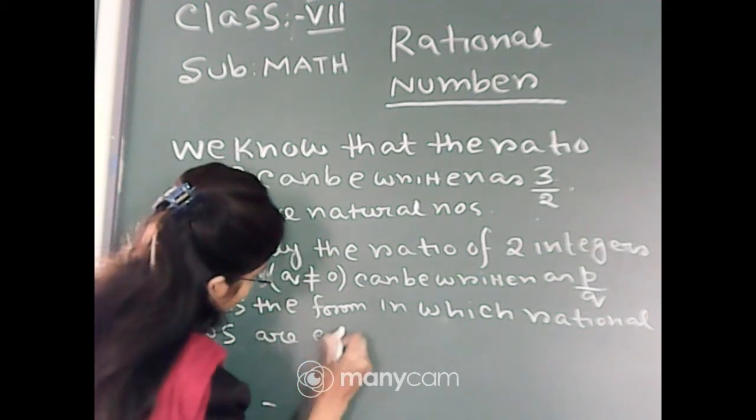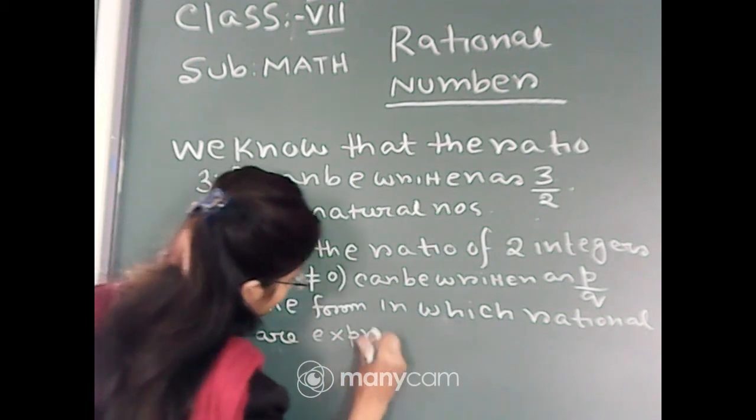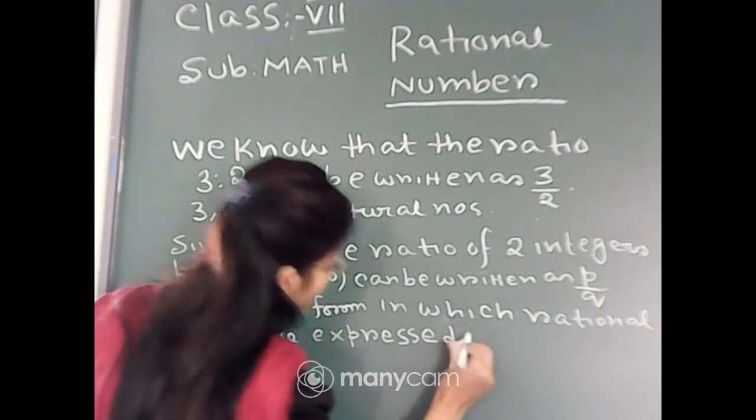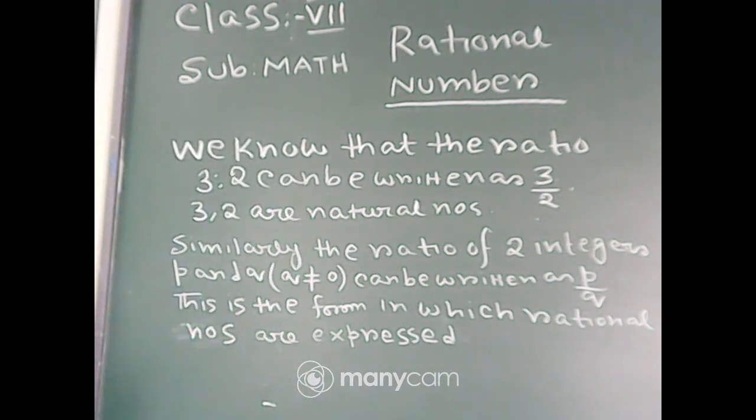Clear? Therefore, the form of a rational number is P divided by Q, where P and Q are integers and Q not equal to 0. P may be a positive or negative integer and Q may be a positive or negative integer.